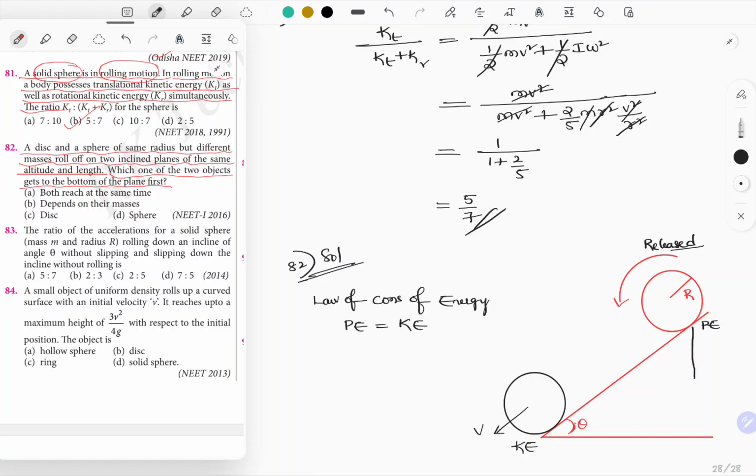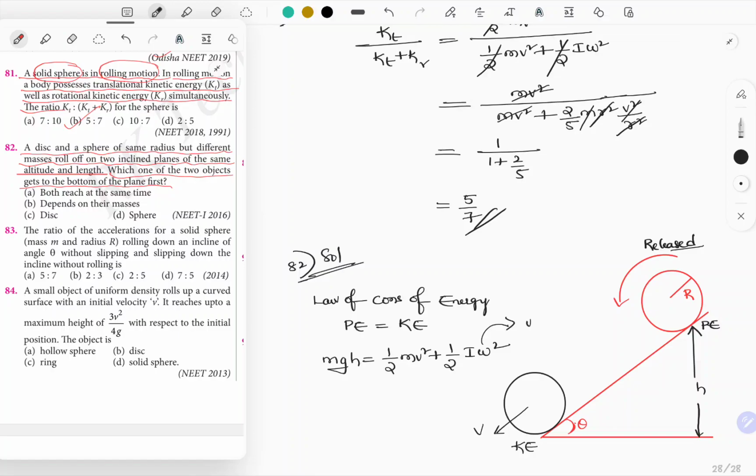So let's say height from which this object is released is h. This object is rolling, that means it is having both translational kinetic energy and rotational kinetic energy. That is, mgh is equal to 1 by 2 mv square plus 1 by 2 I omega square.